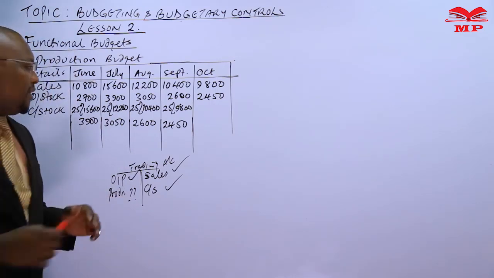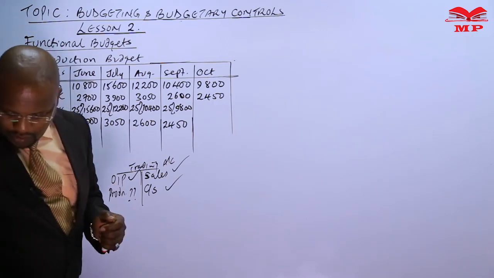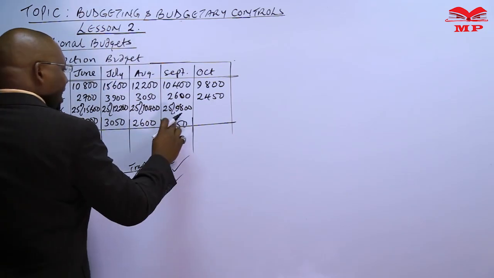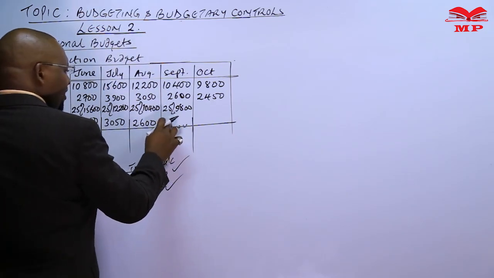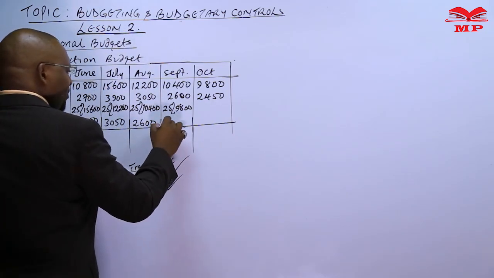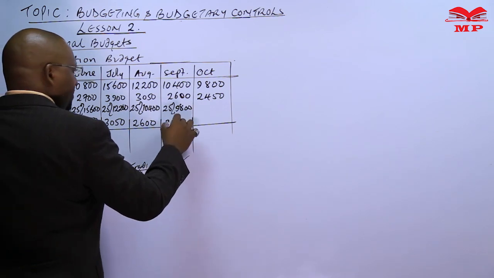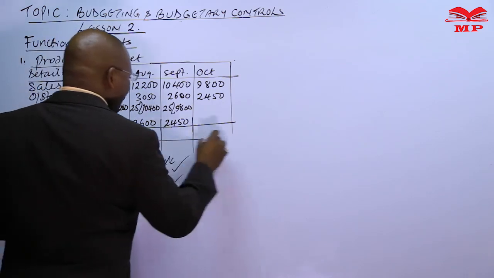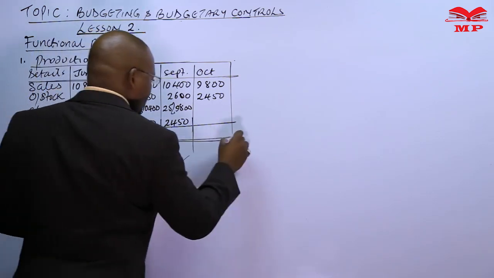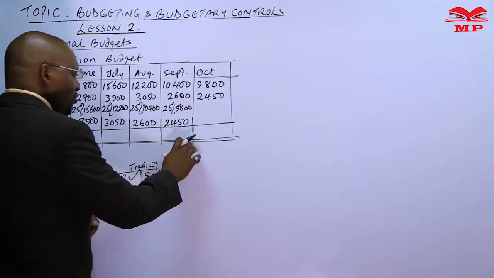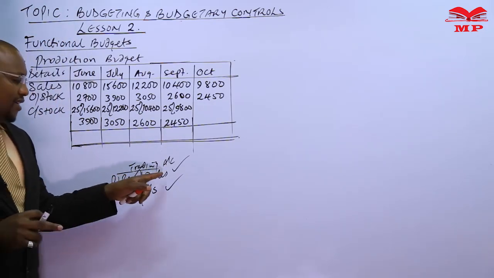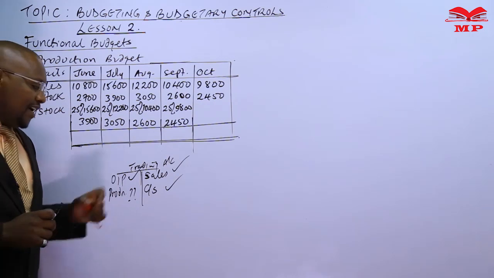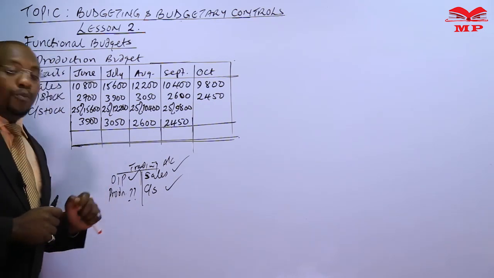Now we need to determine the production. As you see from my trading account, it suggests clearly that we are supposed to take the sales, add the closing stock, then subtract the opening.